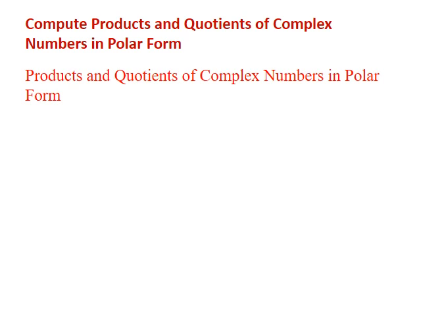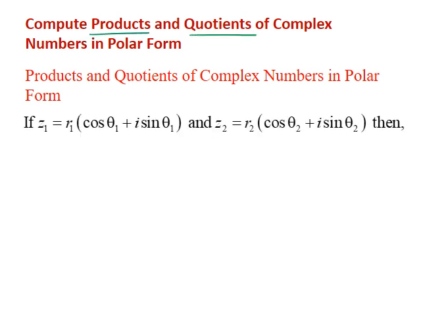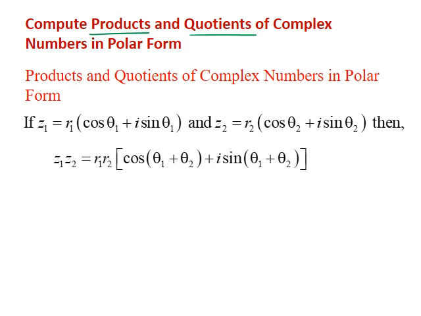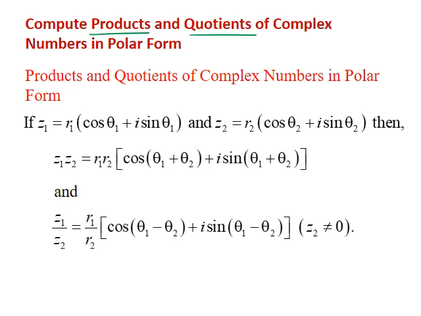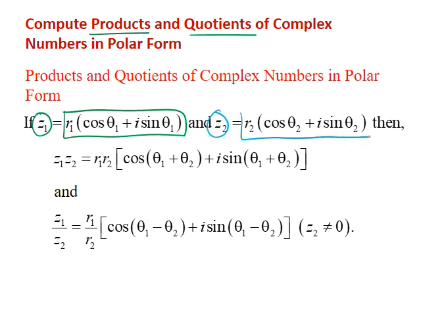Sometimes we will want to find products and quotients of complex numbers in polar form. And when we do that, we have some formulas, and just looking at this, it seems a little intimidating, but here's all this is saying. We have one complex number in polar form, and we have another complex number in polar form.